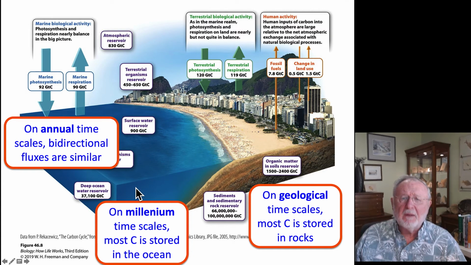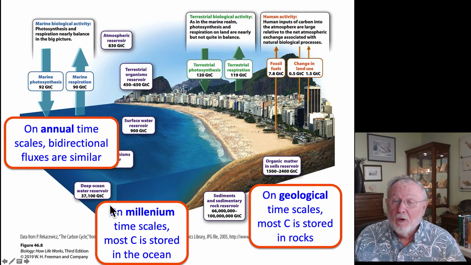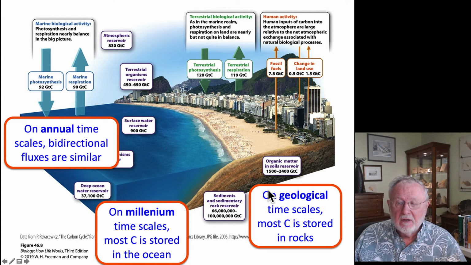So it's not really possible for us to hide all the carbon that we're respiring through human activities in the ocean, because it doesn't work on an annual scale, it works on a millennial scale. Nor is it easy for us to hide that carbon in geological materials, because most of the carbon which is stored in rocks takes millions of years to be deposited.